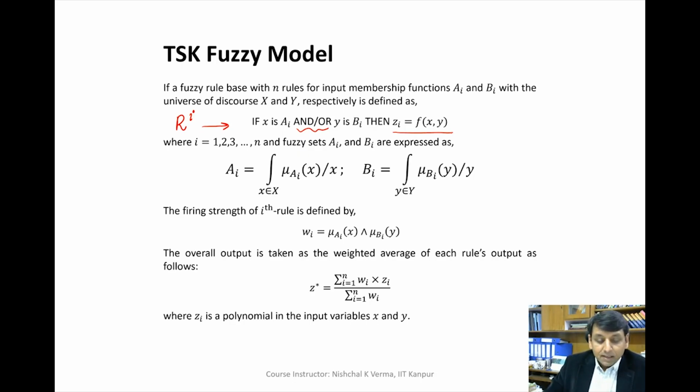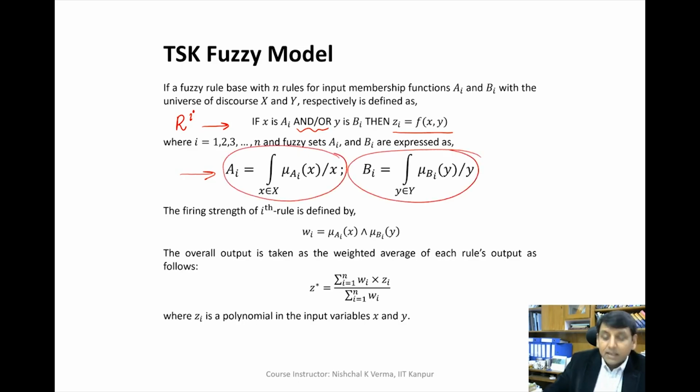So here we may have a TSK fuzzy model which can have n fuzzy rules, with Ai and Bi being continuous fuzzy sets.